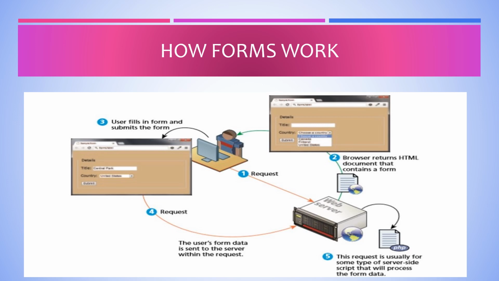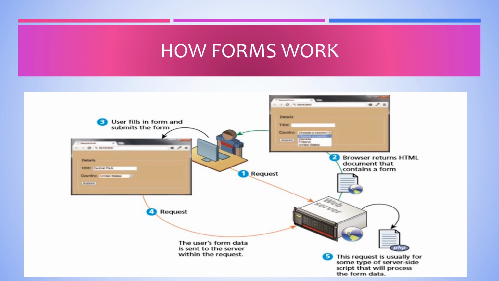How forms work. While forms are constructed with HTML elements, a form also requires some type of server-side resource that processes the user's form input, as shown in the figure. The process begins with a request for an HTML page that contains some type of form on it. This could be something as complex as a user registration form or as simple as a search box.